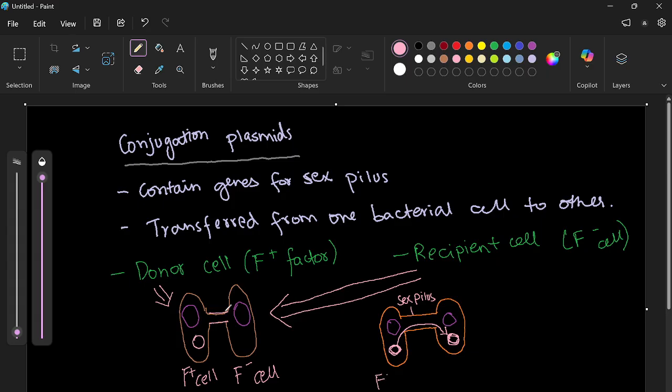This one was an F plus cell and it is still an F plus cell. This is a very important point: these are still F plus as they didn't only transfer their plasmid, they also have that plasmid, so these are still the F plus cell. This is still the F plus cell and this one has been converted to an F plus cell. This one is the recombinant F plus cell.